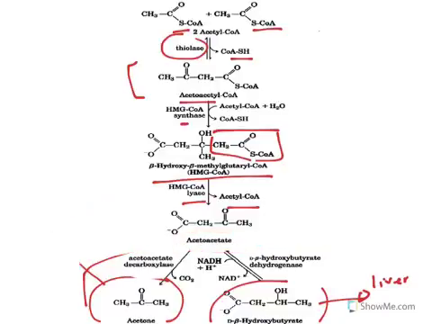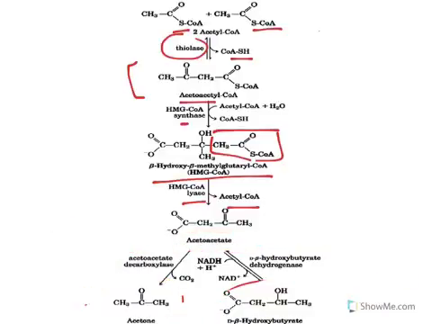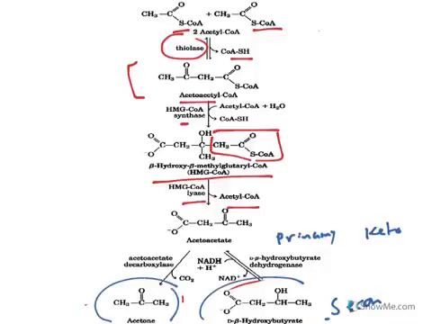Acetoacetate is considered the primary ketone body, and the secondary ketone bodies are both acetone and hydroxybutyrate. For hydroxybutyrate formation, it's not spontaneous. We need an NADH to form D-beta-hydroxybutyrate.